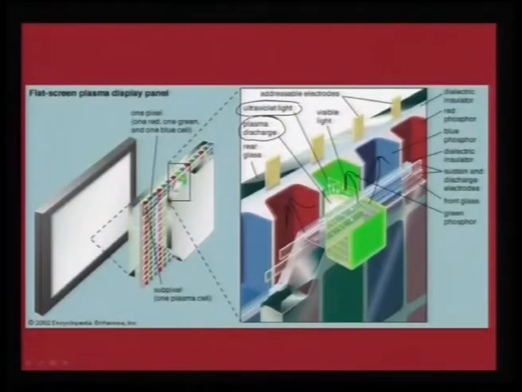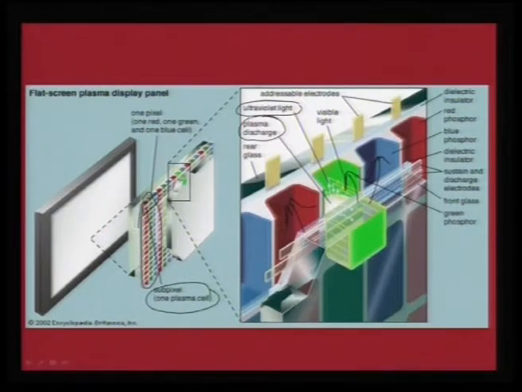So, even in this case the way the red, green and blue are mapped is of this fashion as a sub pixel, and this will constitute one plasma cell.